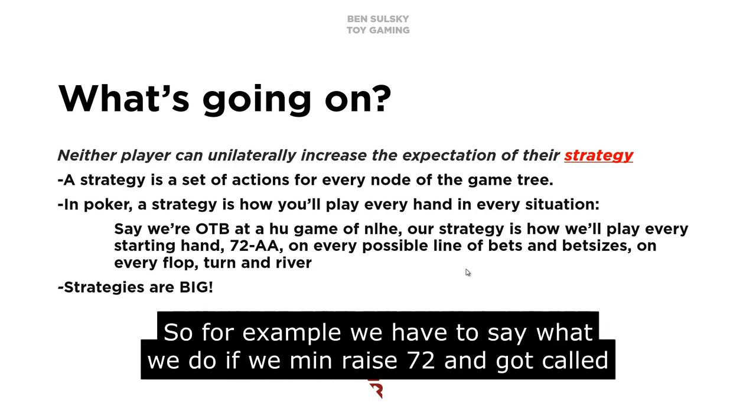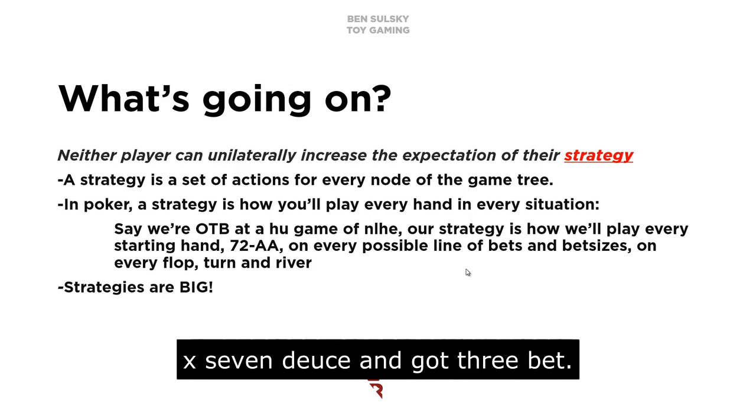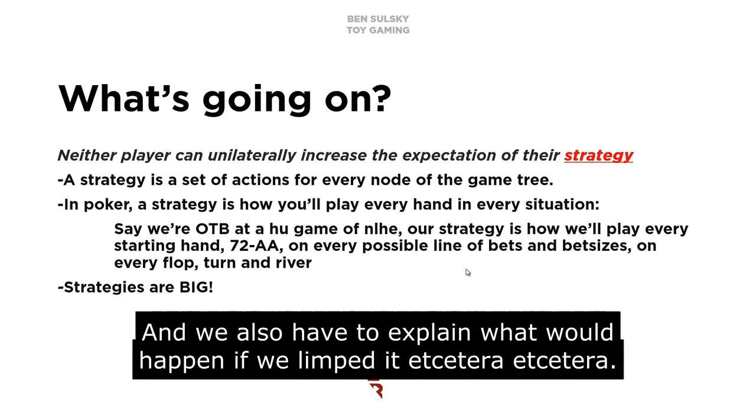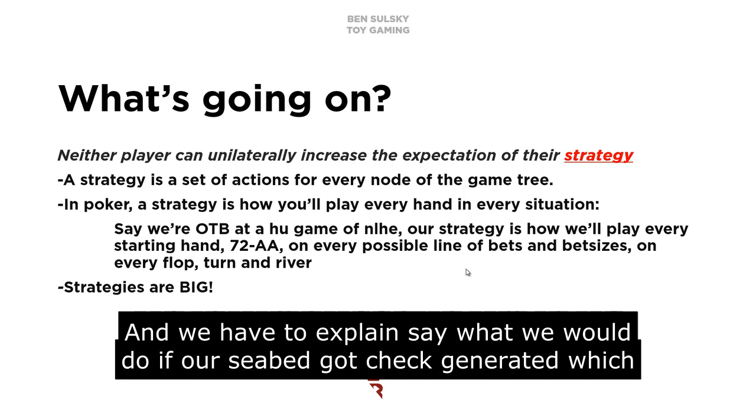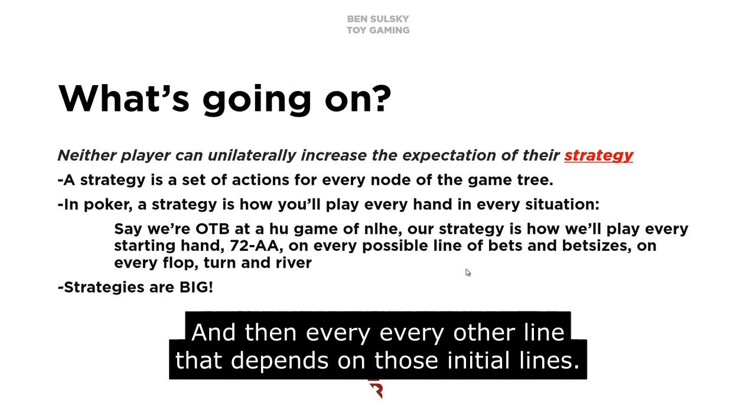So, for example, we have to say what we do if we min-raised 7 deuce and got called, and the flop was ace king 4. And we also have to explain what we do if we 3x 7 deuce and got 3-bet. And we also have to explain what would happen if we limped it, etc. And we have to explain, say, what we would do if our c-bet got check min-raised versus if it got check 0.25x, etc., etc. And then every other line that depends on those initial lines.